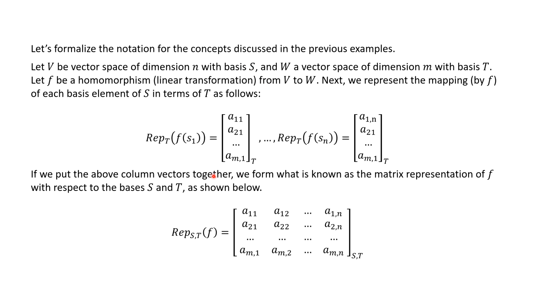If we put the column vectors together, we form what is known as the matrix representation of F with respect to bases S and T, and that's this matrix here.